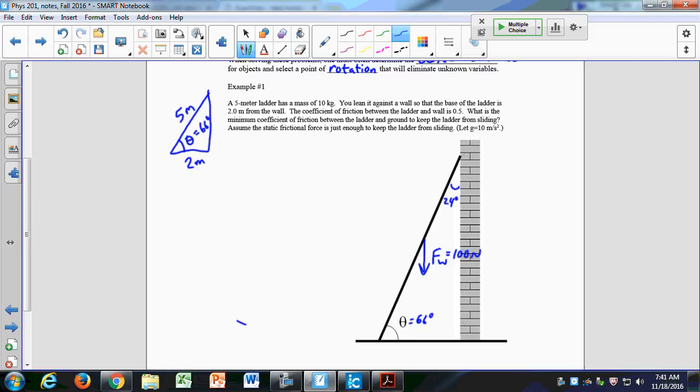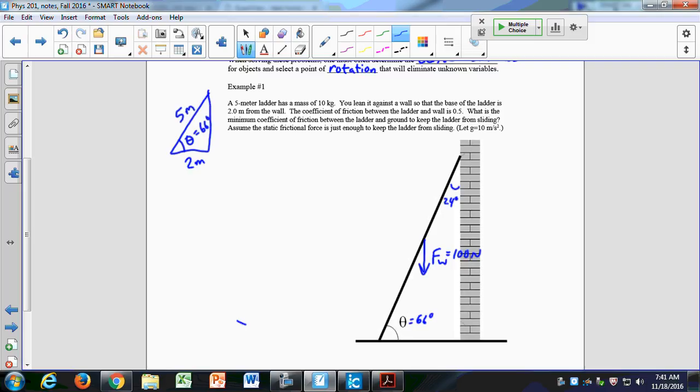We have some normal forces. Where are normal forces acting? A normal force occurs anytime you have a surface. Where do I have surfaces here? The normal force is normal to the surface, that's why we call it a normal force. In this case, will it be up, down, or to the side? To the side, to the left.